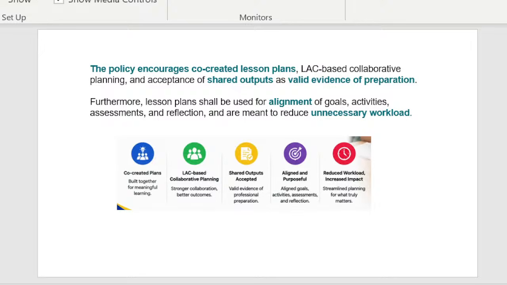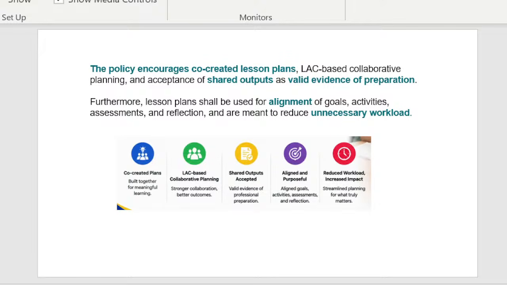So it is encouraged that departmentalized teachers can co-create their lesson plans. One teacher will be assigned to vet. They will discuss what are the appropriate strategies, activities, for one learning competency, and select the best.